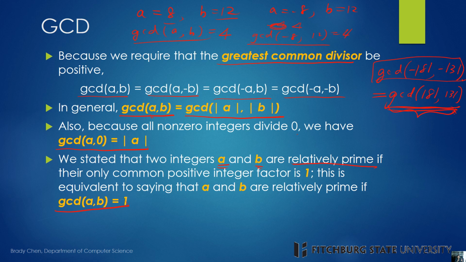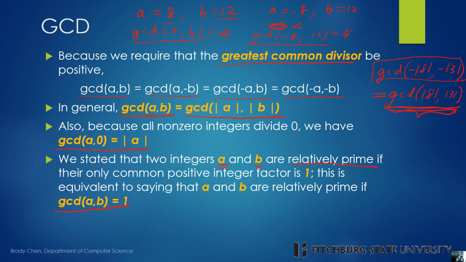Okay. Now, what is a prime? We're going to define this later. A prime number means that the number can be divided by only 1 and itself and nothing else. So no other number can divide that number. Okay, that's a prime number.